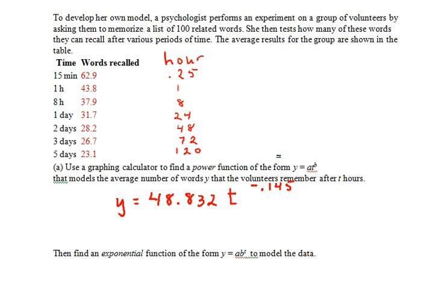And that is the power function that models the data. Notice the variable is in the denominator. Now we will go back and find the exponential function that models the data.